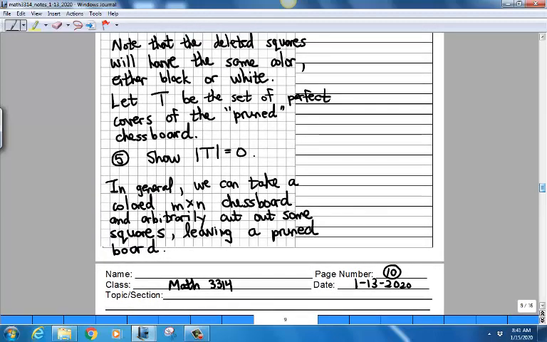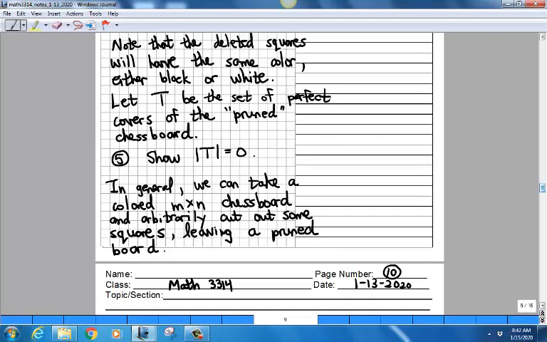But here's what we want to demonstrate to ourselves: actually, you cannot do it. So this set is going to have cardinality 0. There is no way, even though there are 62 squares here to cover, that we're going to be able to do this. So how can we convince ourselves that this is the case?